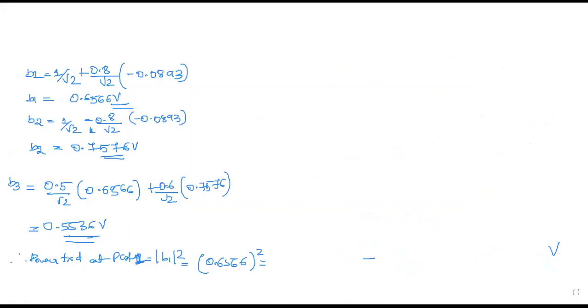Okay, what is the answer for B1 square? 0.4311 or 0.4309, whatever you're getting, just write it down, in terms of watt. Similarly, the power transmitted at port 2 will be B2 square.